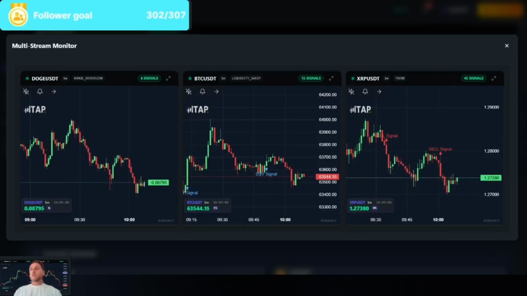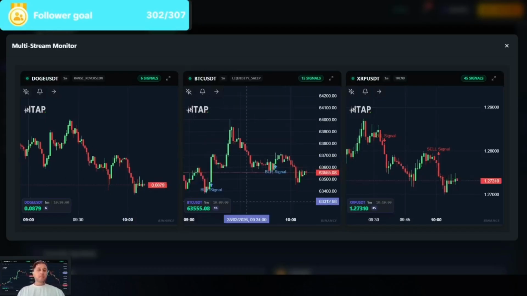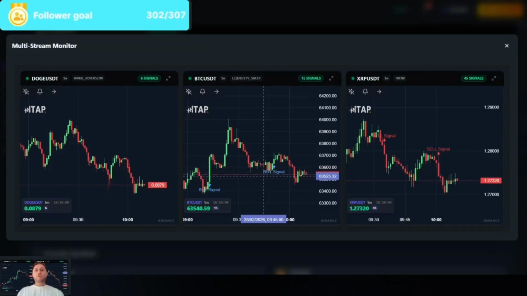So far over the last 1,000 candles, we got 6 signals for Dogecoin, 15 signals for BTC USD, Bitcoin, and about 45 for XRP.